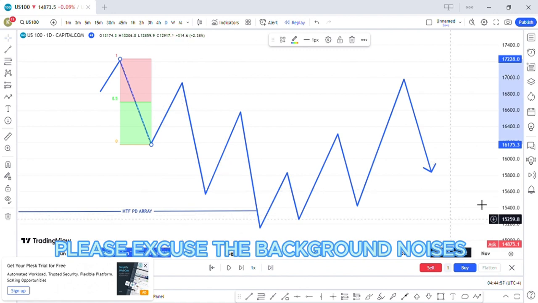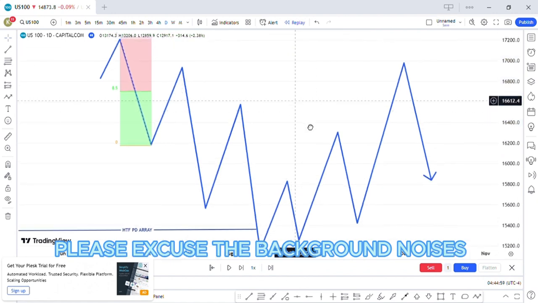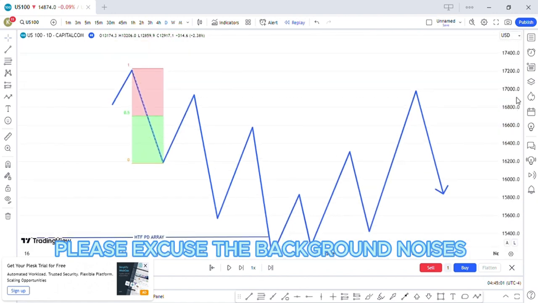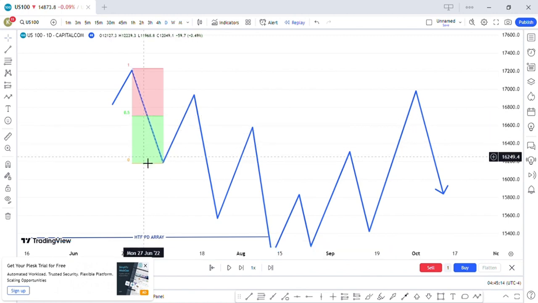The concept of discount and premium is very easy because whenever you see this, you know this 0.5 is your equilibrium, meaning the middle part. Everything below the 0.5 is a discount, and everything above the 0.5 is a premium market.